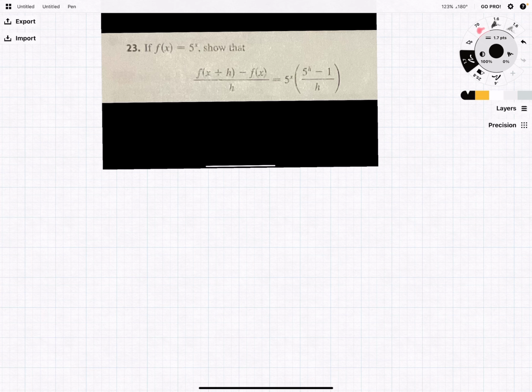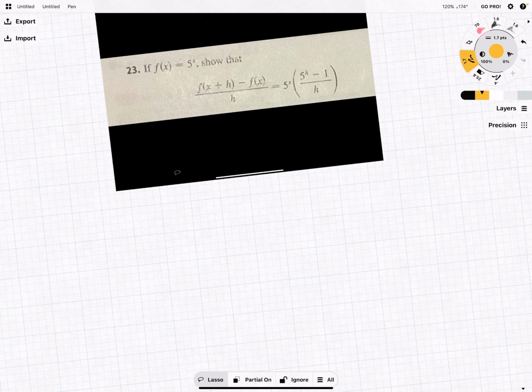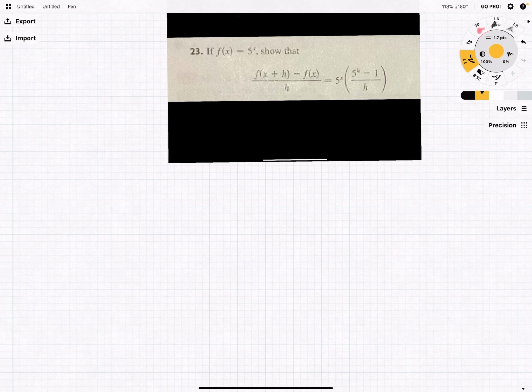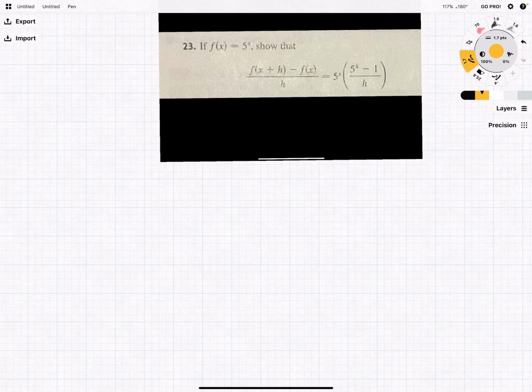Okay, first thing is this form here that you see, f of x plus h minus f of x all over h. That's going to show up all the time.